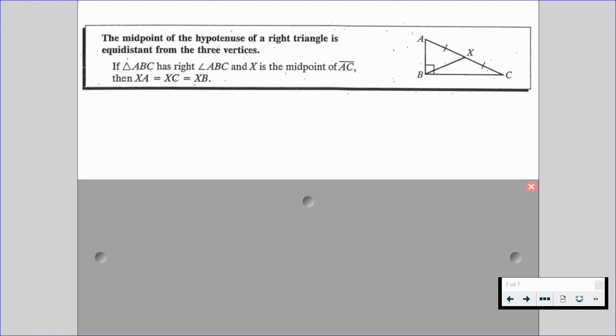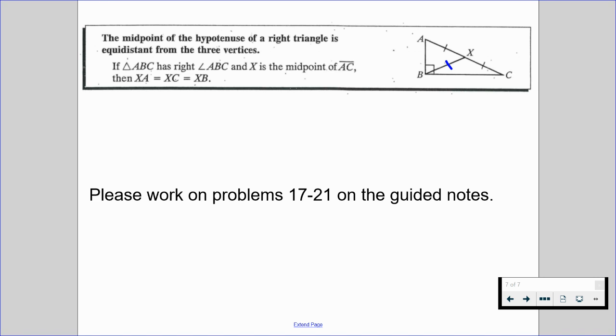So I could also add a tick mark there because X is the midpoint of the hypotenuse of that right triangle, and we now know that the midpoint of the hypotenuse of a right triangle is equidistant from all 3 vertices. With this in mind, please work on problems 17 through 21 on the guided notes.